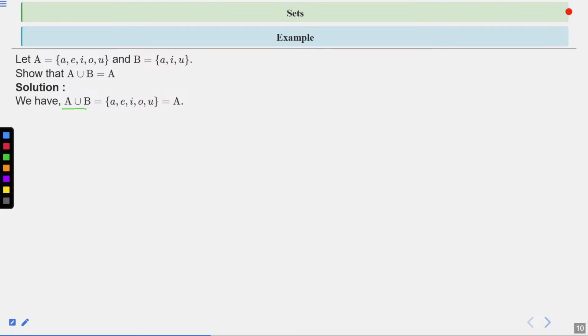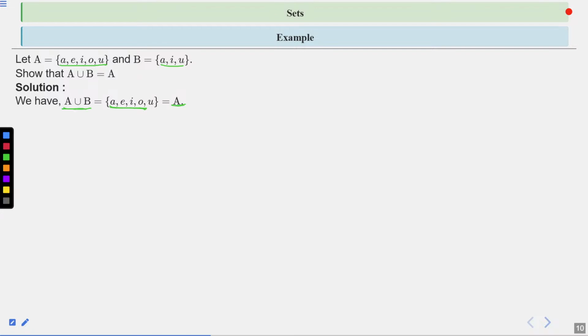In order to construct this A union B or write down the A union B set is very simple. Just collect all the elements from set A as well as from set B and write the repeated elements at once. Clear? So we will get elements A, E, I, O, U, which is the same as the set A itself. So A union B is the same as set A.